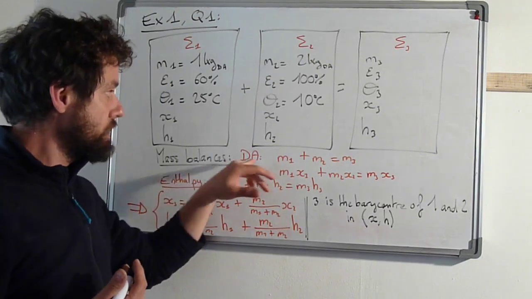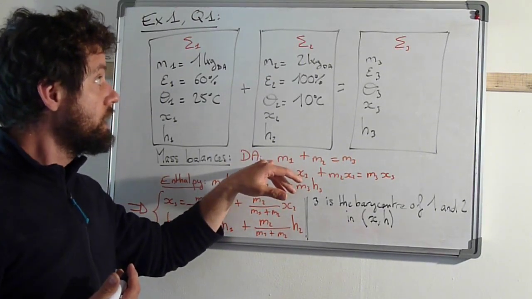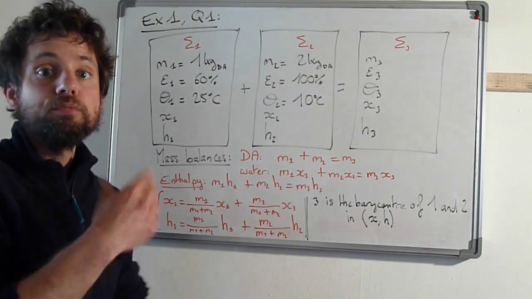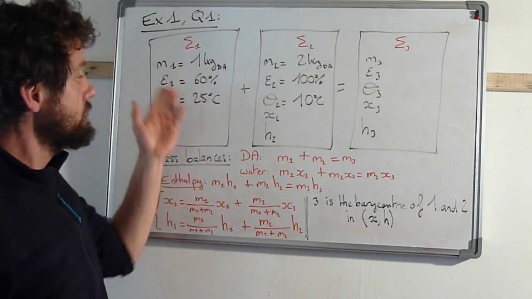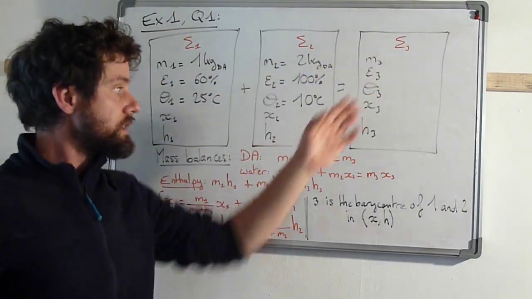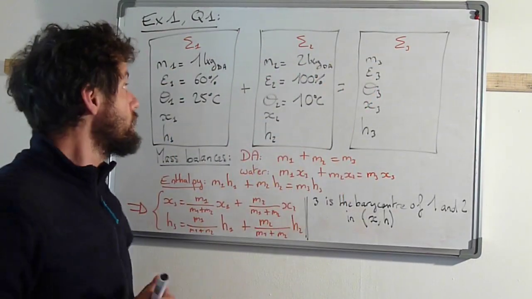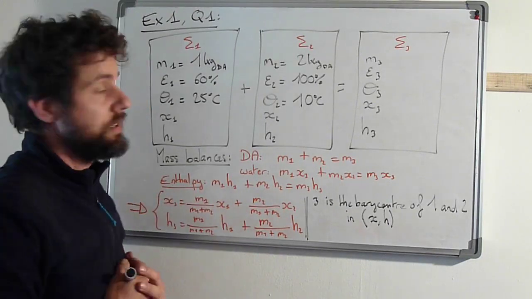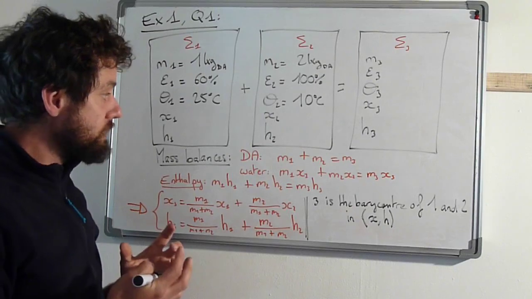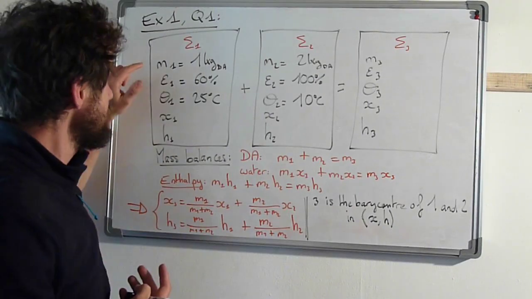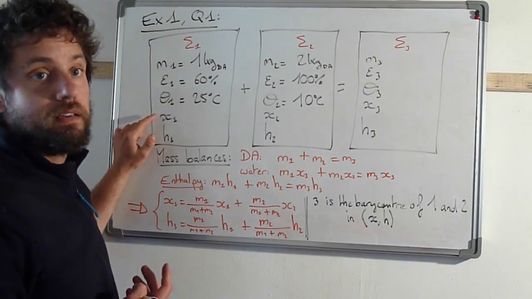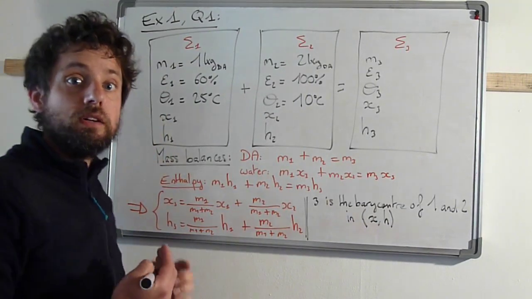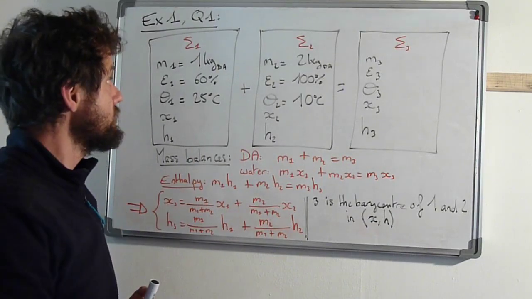For the mass balance of dry air, as the mass of each system is expressed in mass of dry air, it's simply M1 plus M2 is equal to M3. Concerning the mass of water in each system, the mass of water is the product of the mass of dry air by the moisture content, because the moisture content is the ratio of mass of water by the mass of dry air.